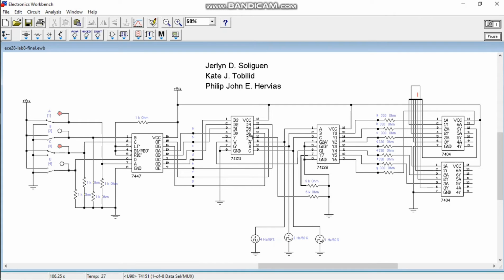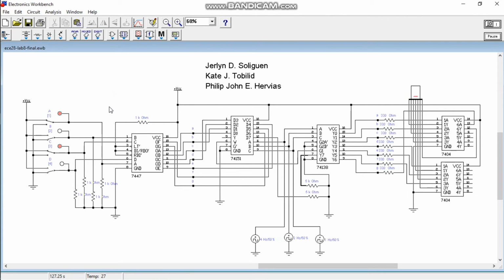Next, if we put 1010, the number displayed in the 7-segment display will be 5, because in this input combination, the segments A, C, D, F, and G are active.